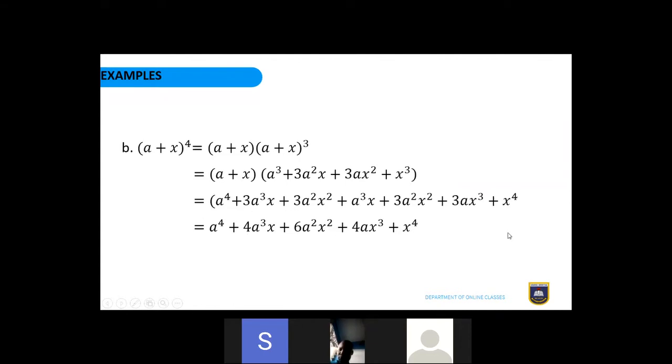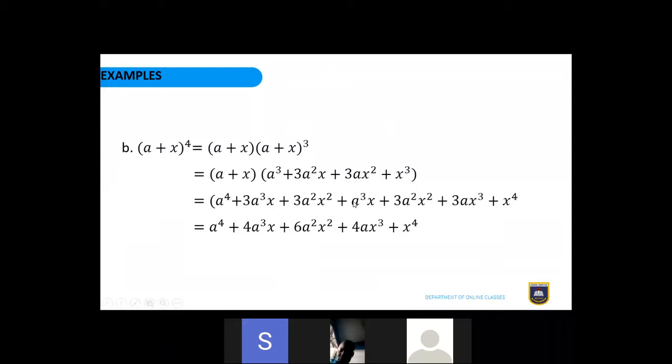Are you talking about the final answer? No, before the final answer, in the middle. Say that one. Before it, there must be ax cube. Oh, okay. Sir, he's right.